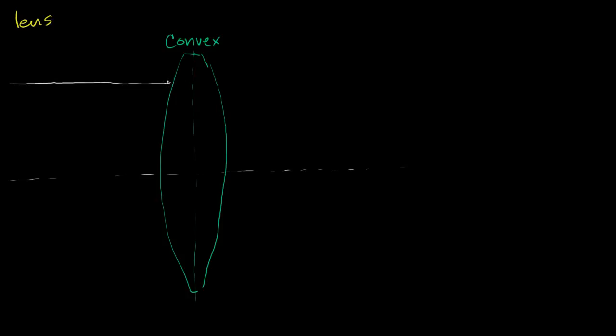But if you imagine light that's going parallel to that, right when it hits this surface over here, remember the perpendicular at this point is going to look like this, because the lens is actually curved. And remember, it's moving faster on the outside. So the top side of the light, if you imagine the car analogy, is going to be able to stay out of the lens a little bit longer than the bottom wheels.